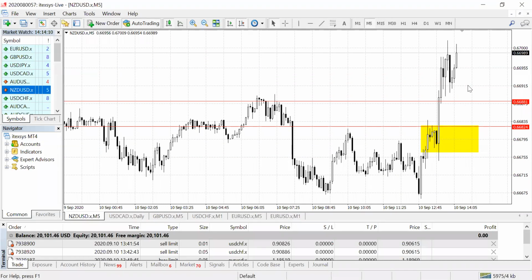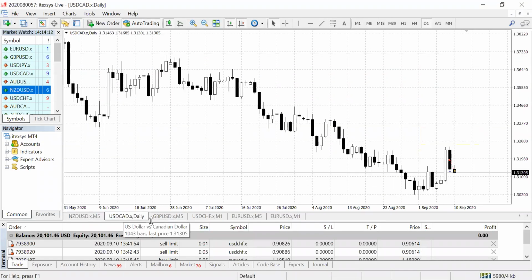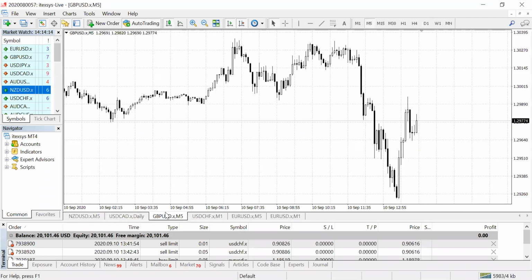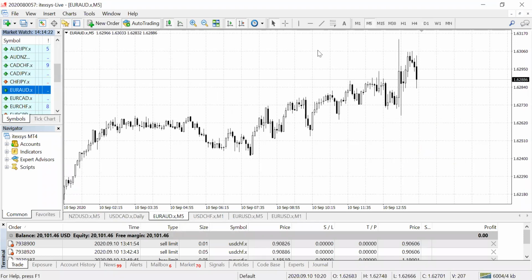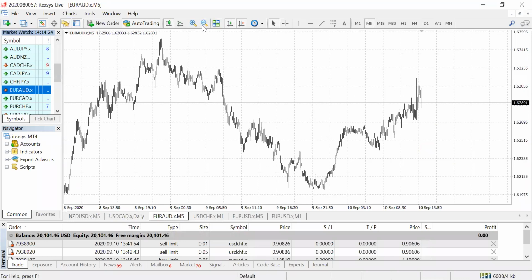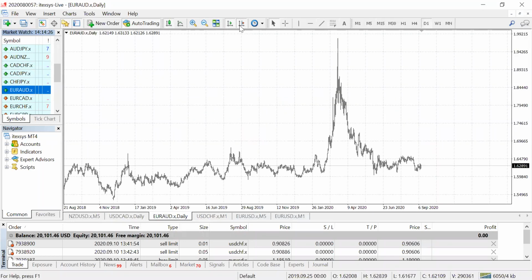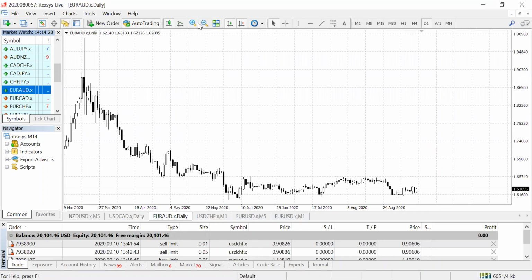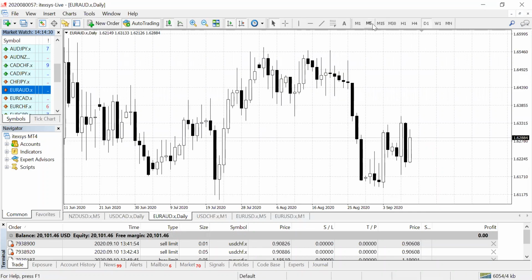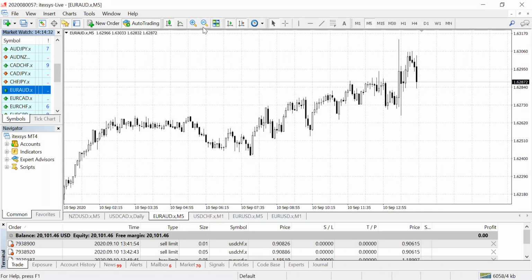Euro Cad. Let's see. Yeah, this one is a bit messy. We don't have a clear breakout or a clear pattern.